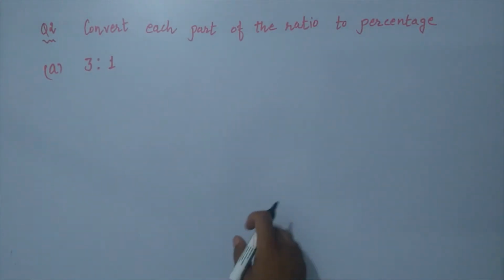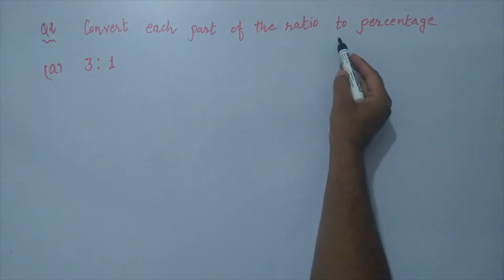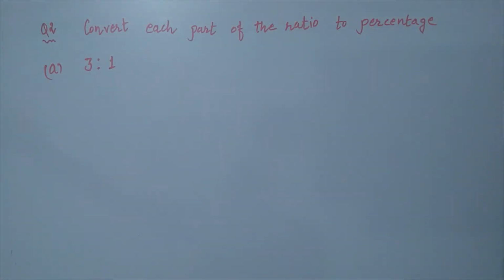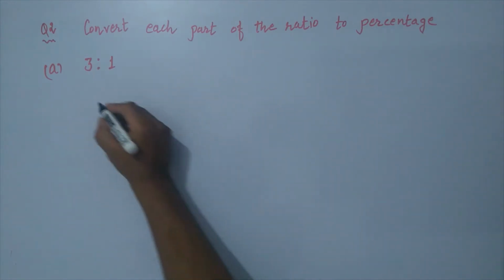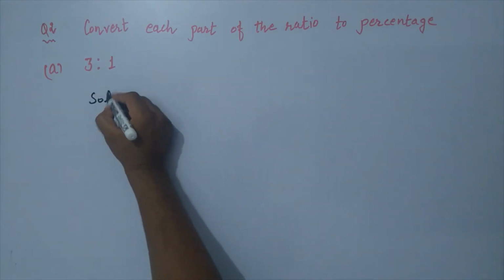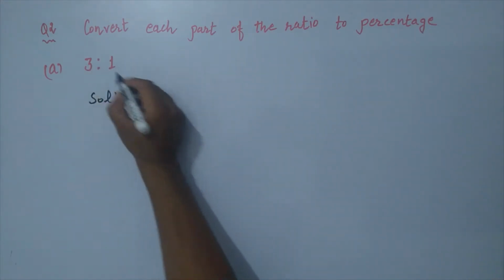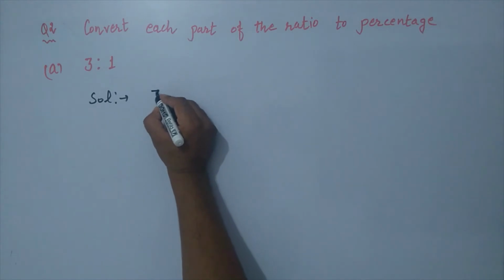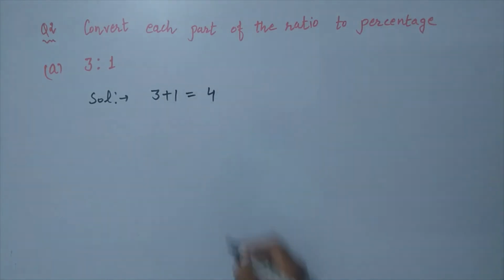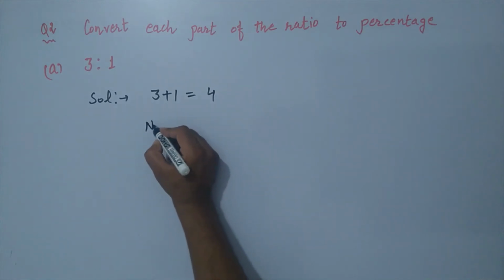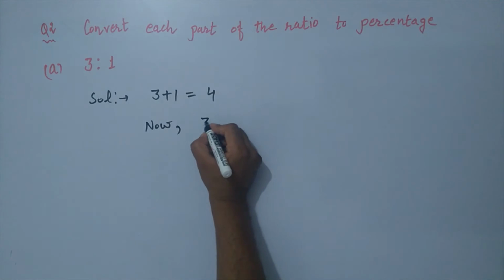Now we come to our question number 2. Convert each part of the ratio to percentage. What is the first part? 3:1. So first of all, we add the ratio. We add these numbers. 3 plus 1, which becomes 4. Now, first part of ratio is 3.